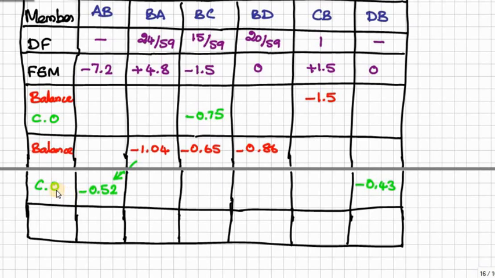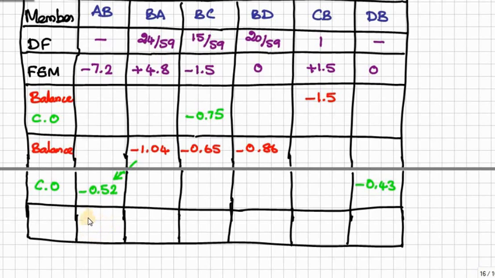Therefore, by this carryover step, the distribution factor process is over. Now we have to calculate the final moments by summing up all the moments in the vertical column under each member. Therefore, moment in AB or MAB is equal to minus 7.2 plus minus 0.52.